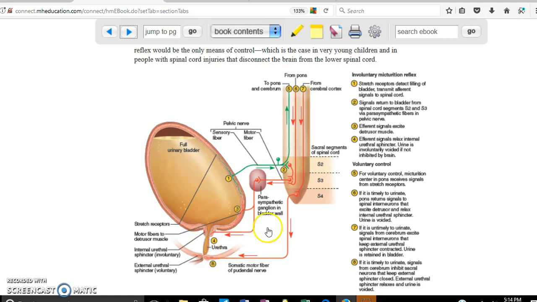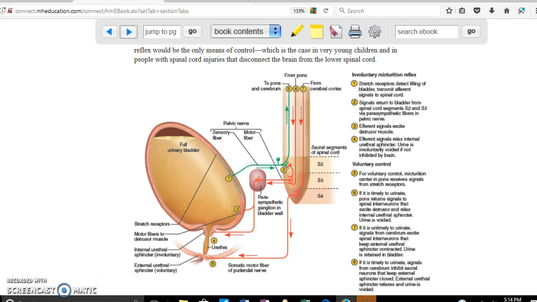And this is obviously controlled at the level of the spinal cord with the reflex, as well as the part that is the voluntary control is done by your brain, and therefore the central nervous system is in control of urination by controlling the internal sphincter as well as the external sphincter.